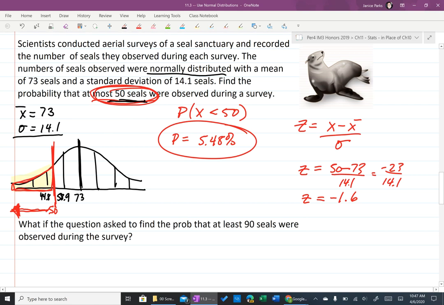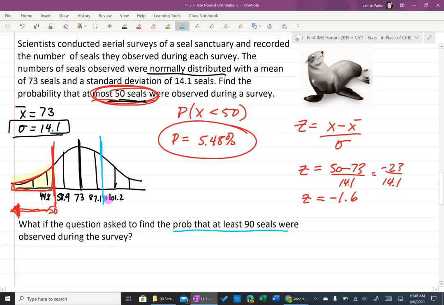And then for the last one, it says, what is the probability that at least 90 seals? So now we're going in the other direction. So we have 73 plus 14.1, that's 87.1. Again, I'm using the standard deviation. And then plus 14.1 again, so this is 101.2. The question is for 90, so 90 is right about here.